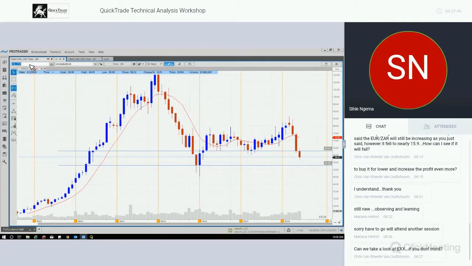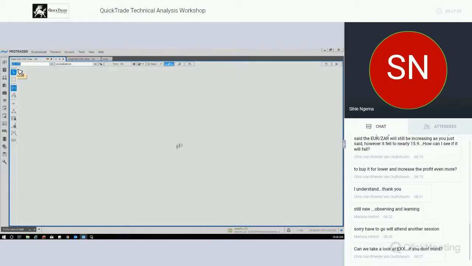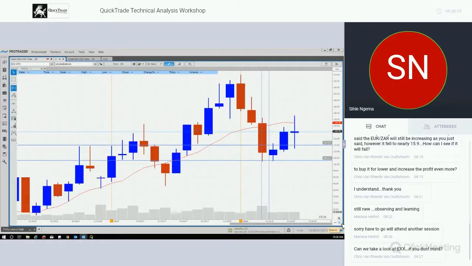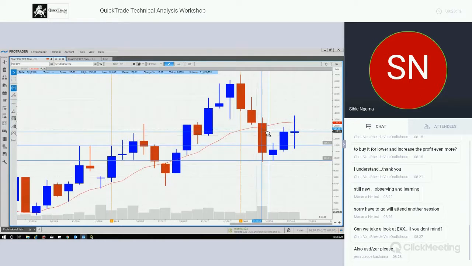I don't mind looking at EXX, so let's have a look at it. On Exaro, or EXX, we have support at 103, 102, and the market tried to come down to 115.